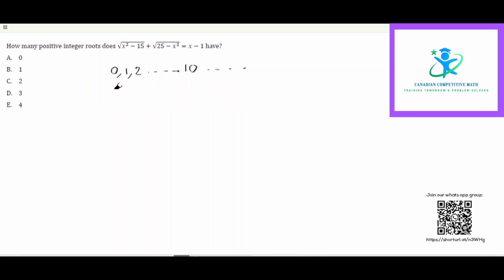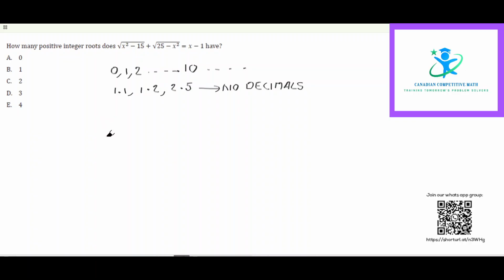We don't expect something like 1.1, 1.2, 2.5. No decimals. Only positive integers.